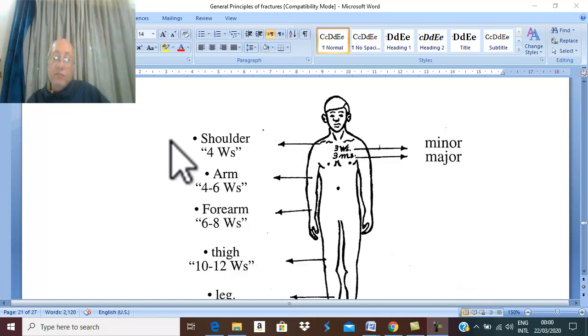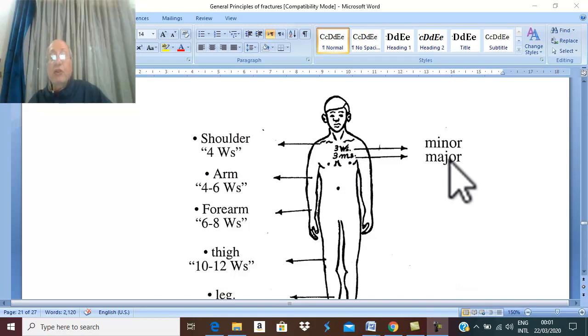I put this drawing for easy, very easy study of the duration for fixation of all fractures all over the body. If there is a minor fracture in the trunk, like fracture clavicle or fracture rib, it is fixed for 3 weeks.